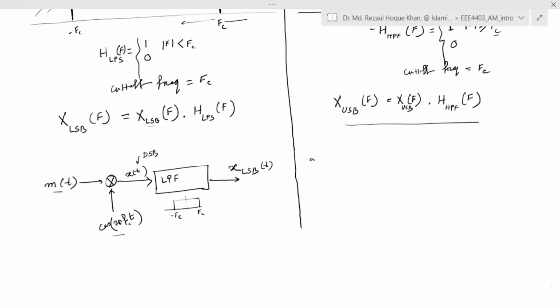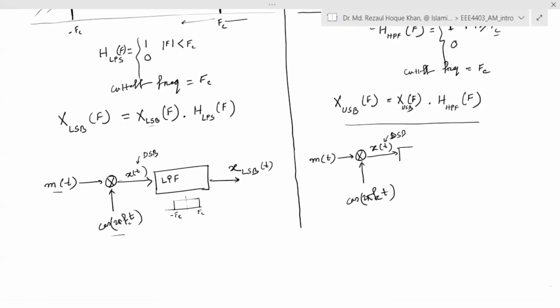Again, you have an m(t) signal, which mixes with cos 2 pi fc t, your carrier. You get the x(t) signal, which is your double sideband.